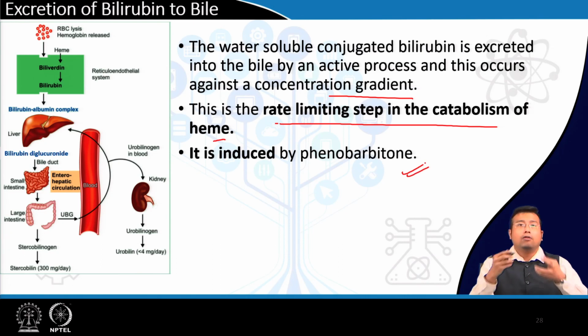So, the conjugated bilirubin, having transformed to diglucuronide form, will be secreted in bile, which is a liquid present in the gallbladder, and via the bile duct it comes into the intestine via the second part of the duodenum, right. It reaches the small intestine, ultimately it goes into the large intestine, where it is converted to a pigment known as urobilinogen, right.